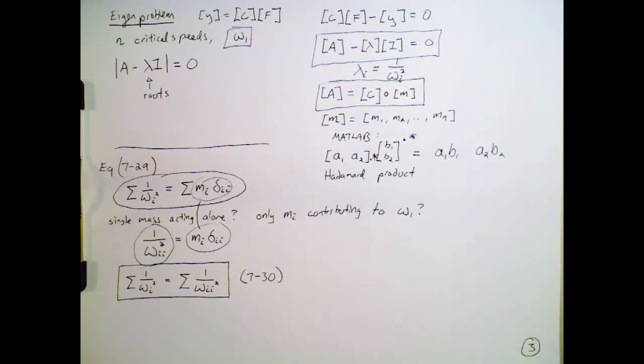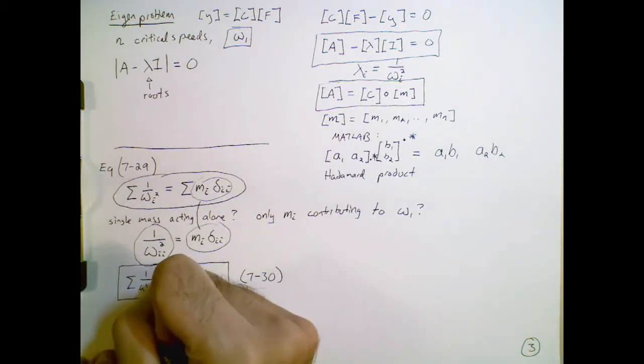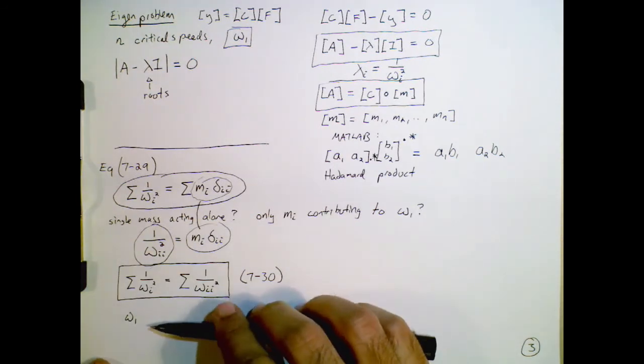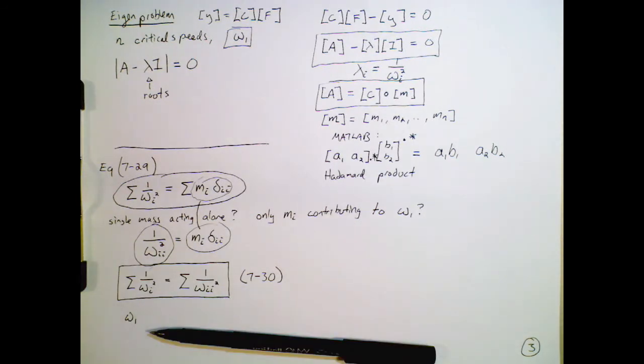Now, this is a nice relationship, but if we go back to this main objective of only needing to figure out what is the first critical speed, this actually becomes really useful.